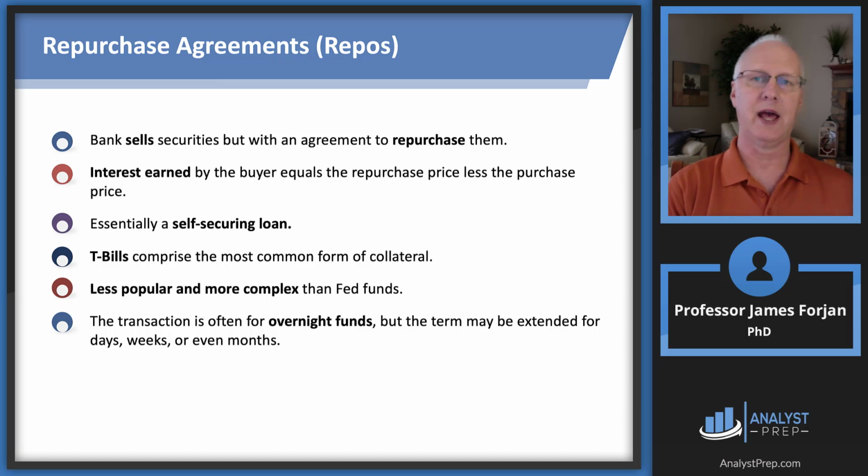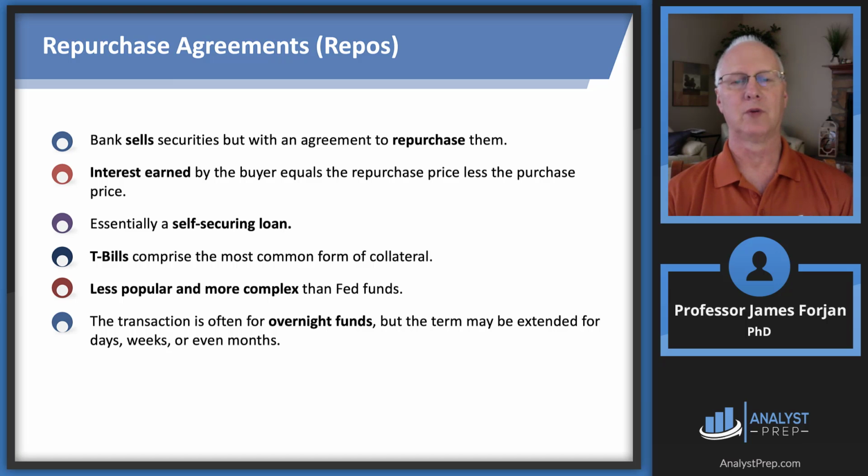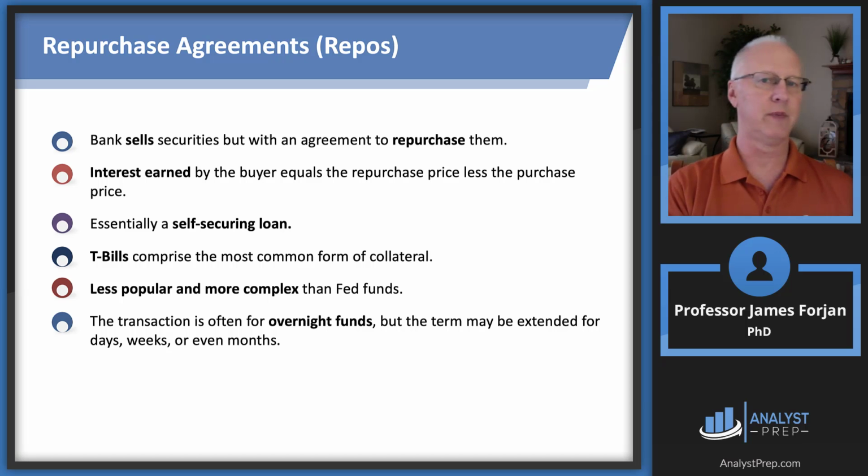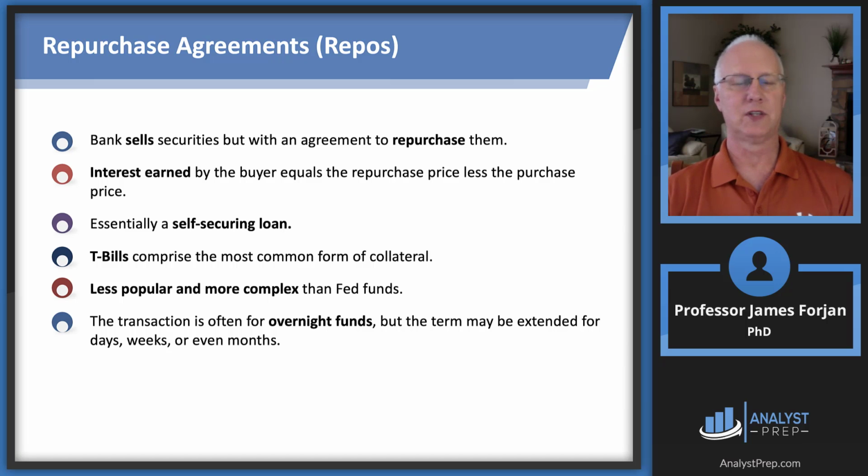Receive cash today, and then agree to repurchase it tomorrow. And so it's kind of a self-securing loan. Remember that the interest paid and the interest earned, depending on which side of the repurchase agreement you're on, whether it's a repurchase or a reverse repo, it's just the difference between those two prices.